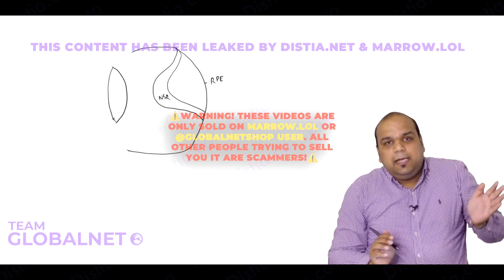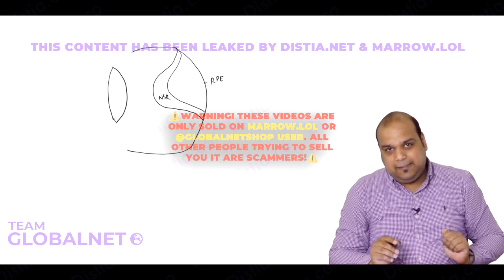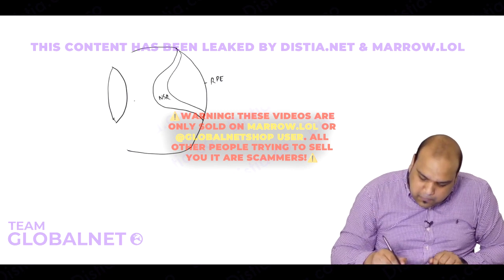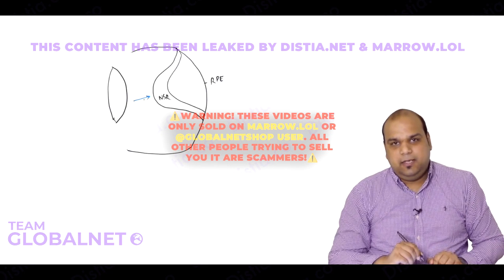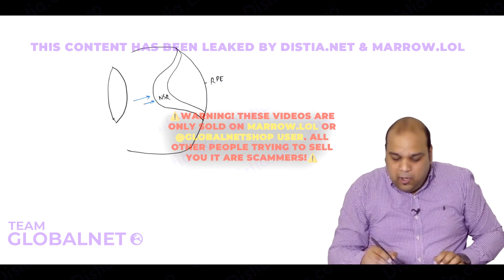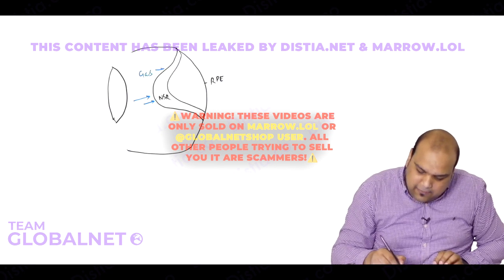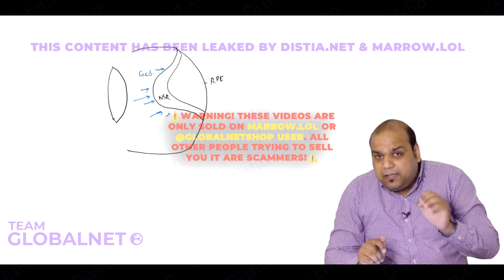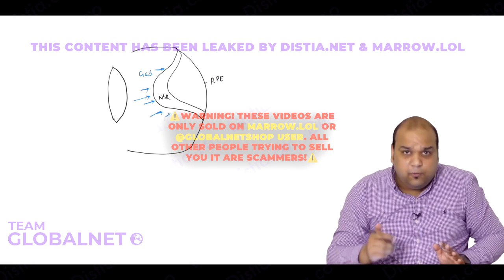Okay? I need to push the neurosensory retina back. So I will say internal tamponading. I will put some fluid in here. That fluid will put pressure, neurosensory retina will be pushed back. Or I can put some gas in here. It will push the retina back. Internal tamponading.